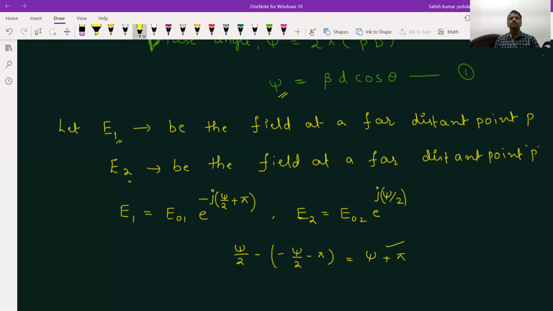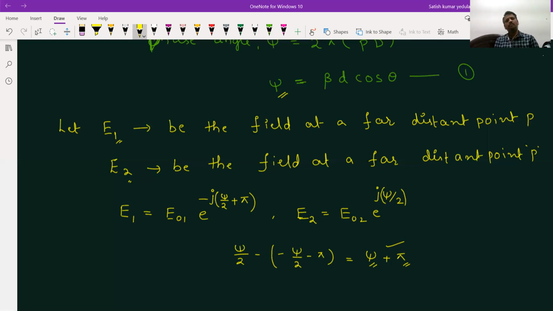So this is the general phase difference that I mentioned already, and there is an extra phase difference of pi between the two elements. If you take pi here, you will be getting the same pi: psi by 2 plus pi, minus of minus psi by 2, will be psi plus pi. Both are the same.